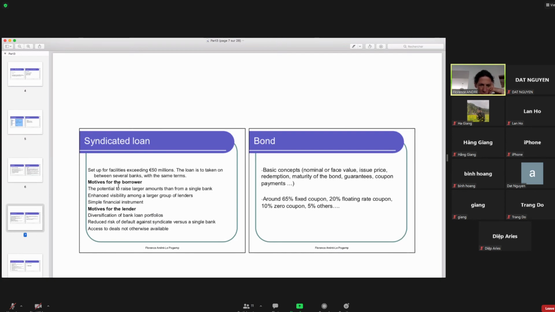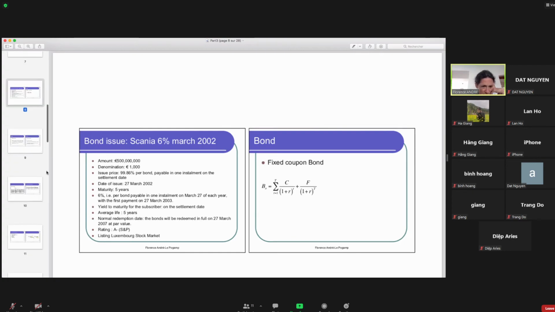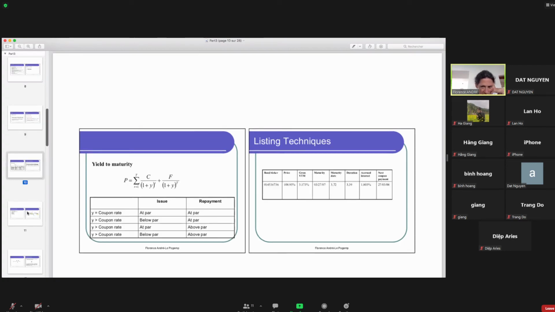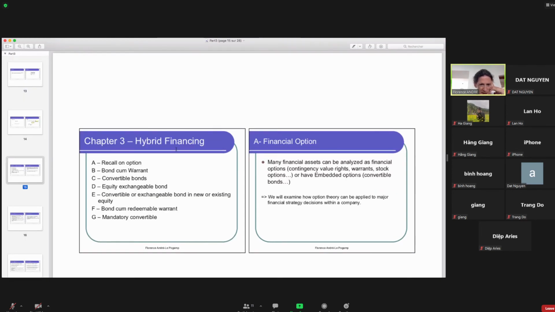I give you some information about syndicated loans and the bond market, but I think you know this kind of financing. And at the end, you have hybrid financing.